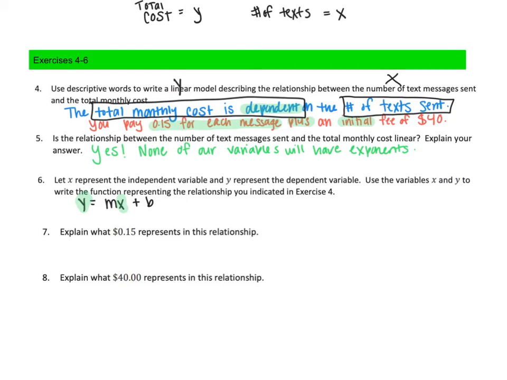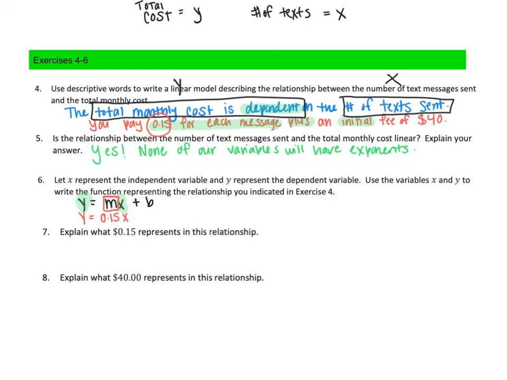From there, I can do a few things. So the number of texts sent, our x, you pay 15 cents for each of those x's. So what's going to go right beside that x? My 15 cents. Okay? So this now becomes y equals 0.15 times x.